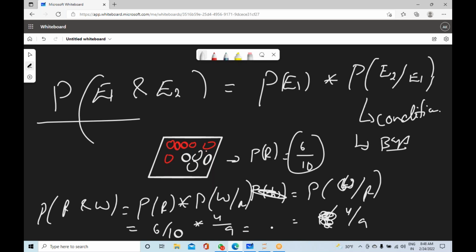The value we get is 24 by 90. So this is the dependent case. When we have two dependent events and want the probability of the AND of both events, it is not possible directly, so you have to apply the conditional probability. Is it clear?